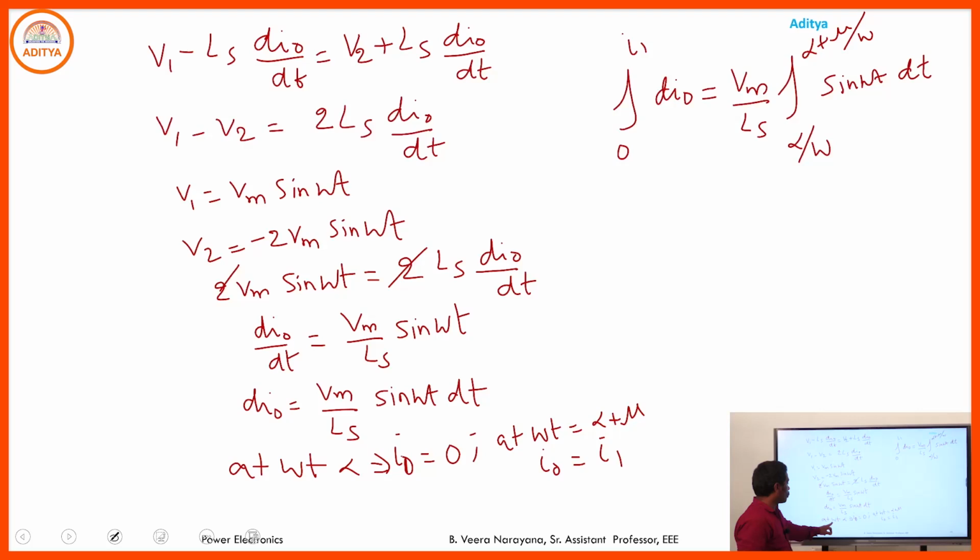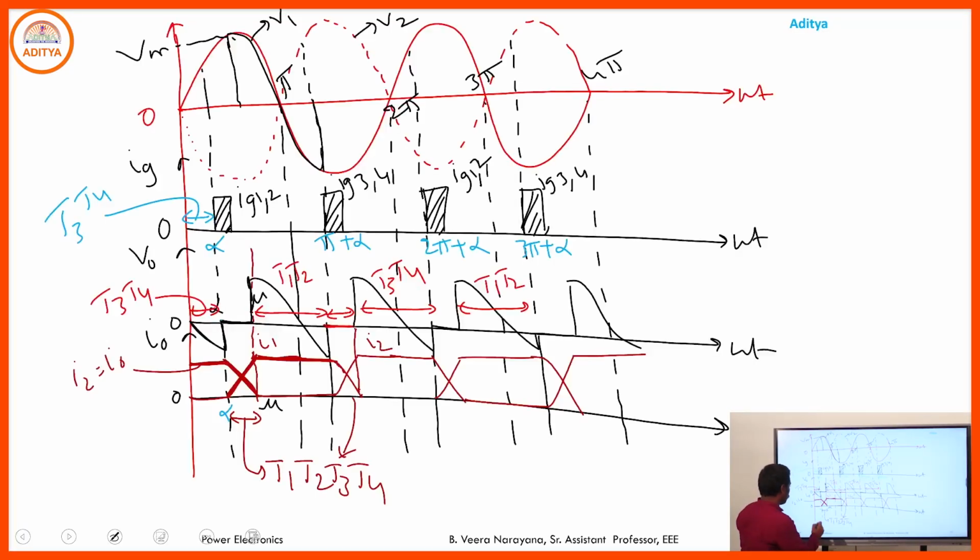At omega t is equal to alpha, I naught is equals to 0, and at omega t is equal to alpha plus mu, I naught is equals to I1. From this, see here, this is the I naught waveform.